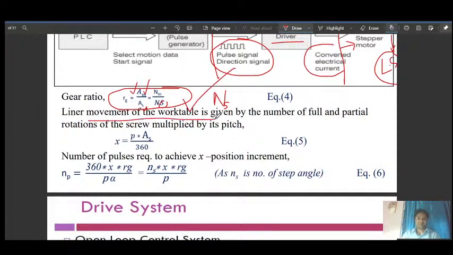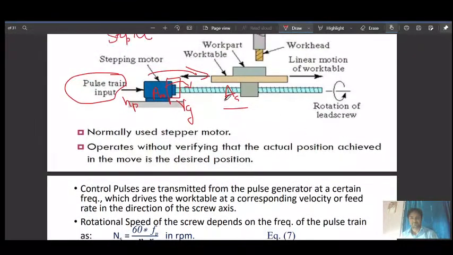Then the linear movement of the work table is given by the number of full and partial rotations of the screw multiplied by its pitch. So suppose AS is the angle of rotation of the lead screw.